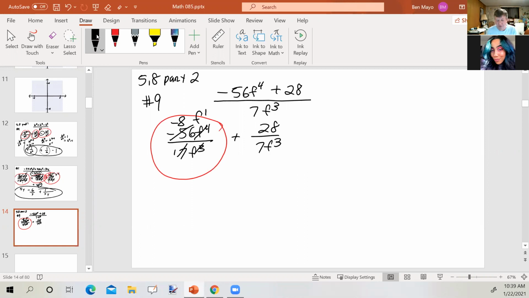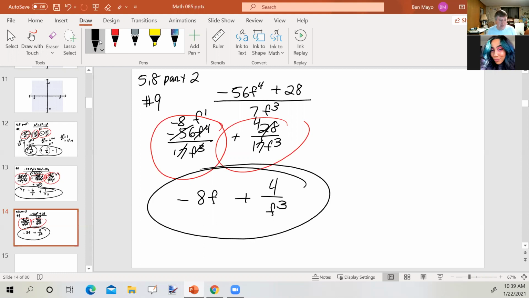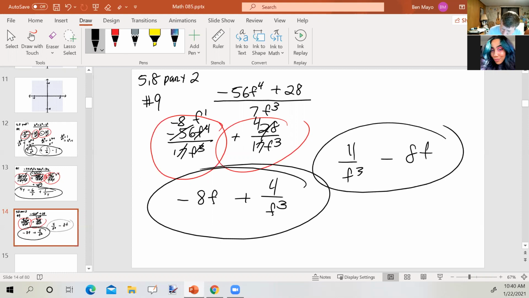So -8 f all over 1 just becomes -8 times f. Next term, 28 over 7 is 4 over 1. F to the 3rd power in the denominator has a positive exponent, so we don't need to do anything to it. So there's the final answer. And again, you could also write it 4 over f cubed minus 8 times f.